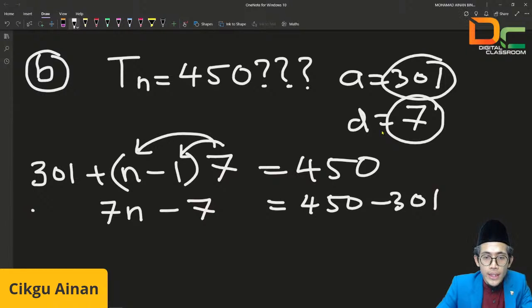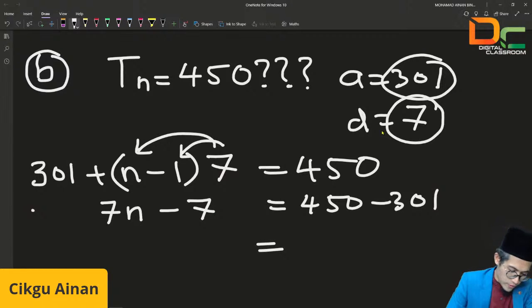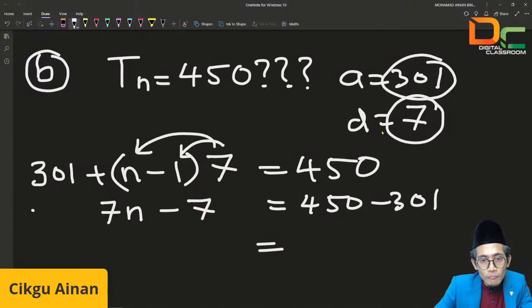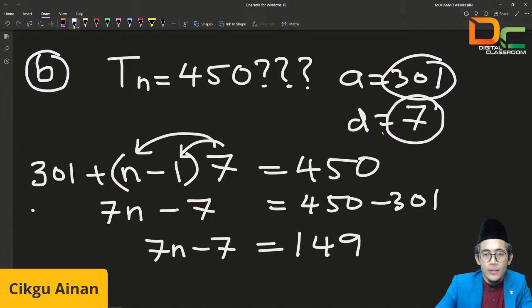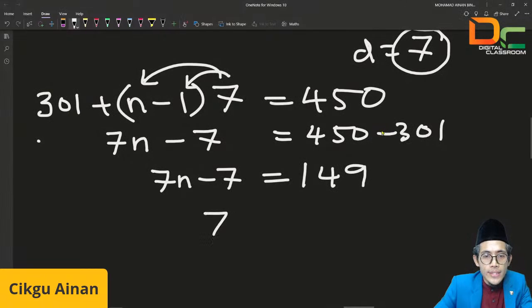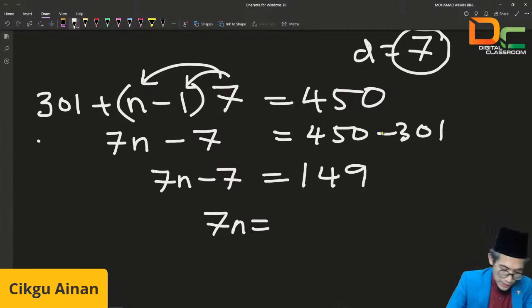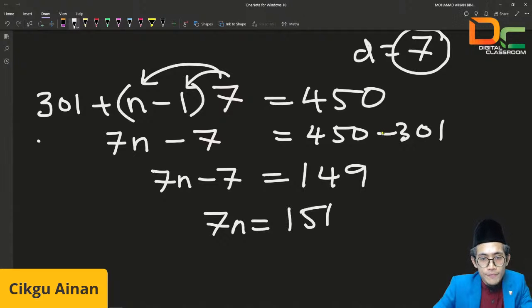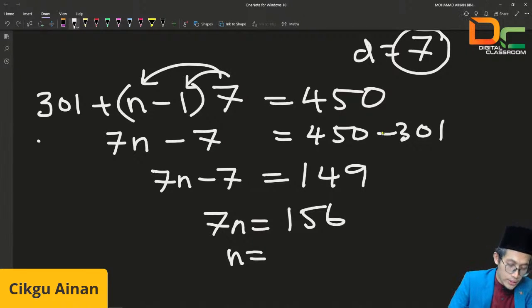Okay, and then this one, 450 minus 301, 149. Okay, 7n minus 7. Okay, and then scroll further, sorry. Okay, and then 7n equals, tambahlah, plus 7. 156, and then n is divide lah by 7.